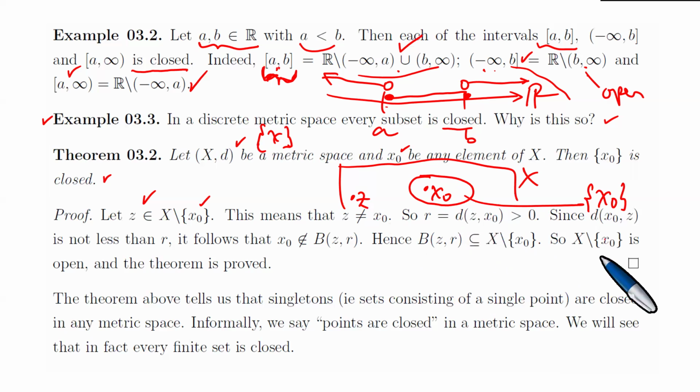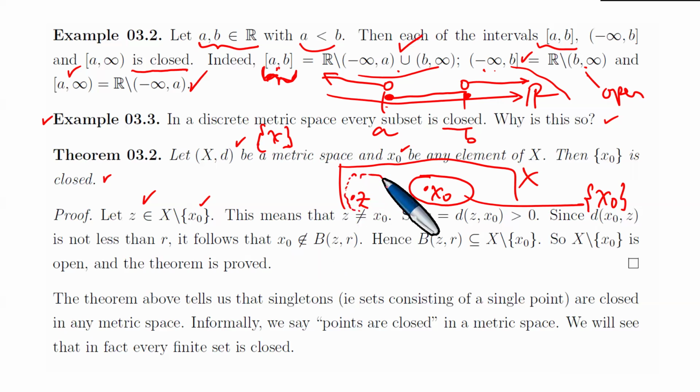Since the distance between x0 and z is not less than r, it follows that x0 is not an element of the open ball of center z and radius r.